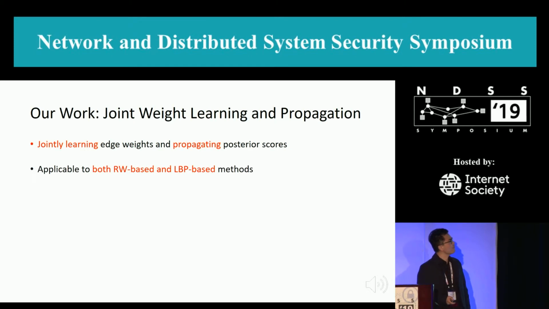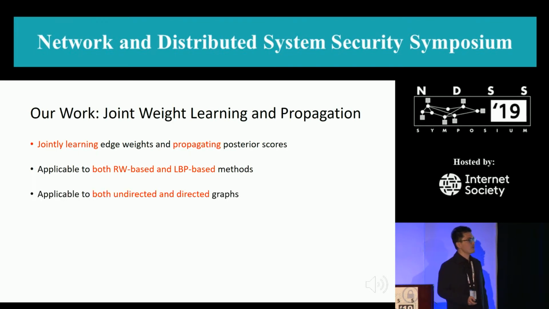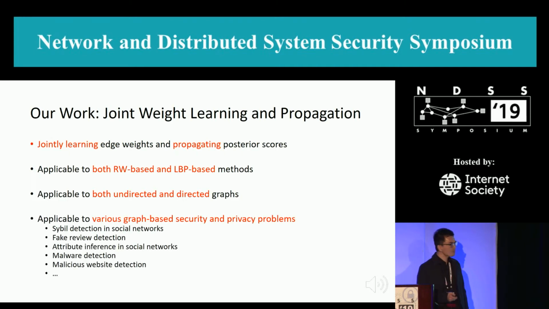Our framework is applicable to both random walk and LBP-based methods, to both undirected and directed graphs, and to various graph-based security and privacy problems, such as Sybil detection, fake review detection, attribute inference, malware detection, malicious website detection, etc.